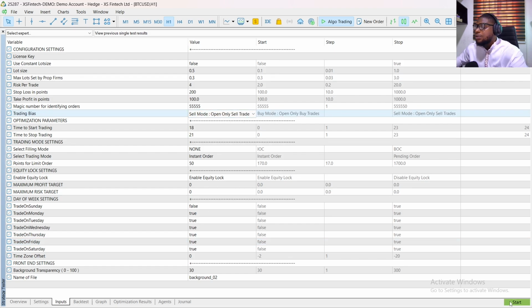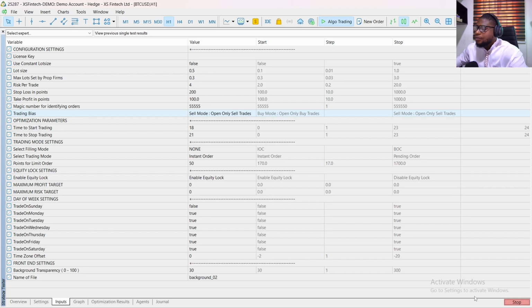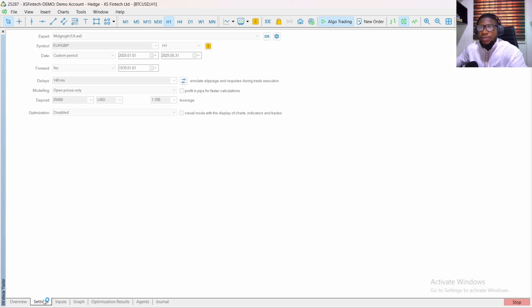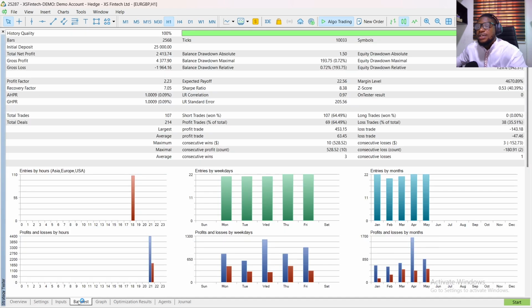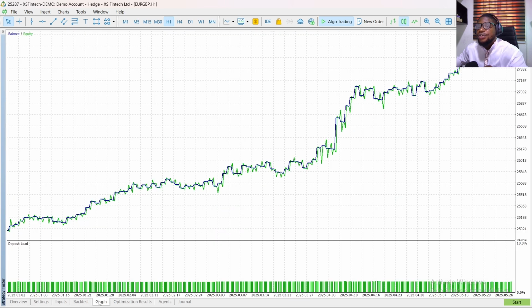I'm going to run this on Euro GBP. This means that if you were shorting Euro GBP during this time every day in 2025, this is what your result looks like.